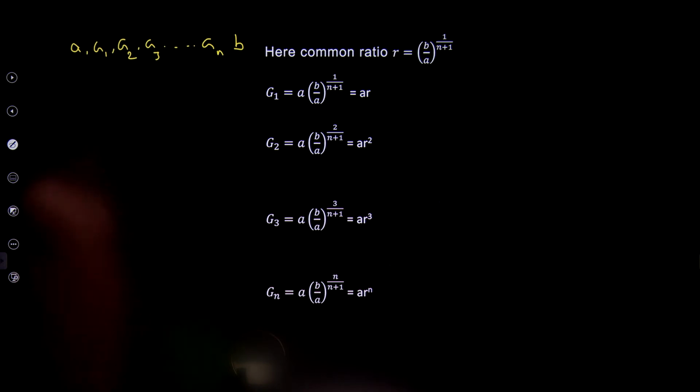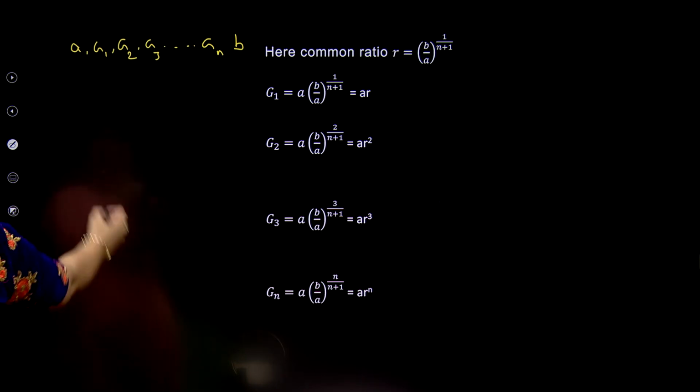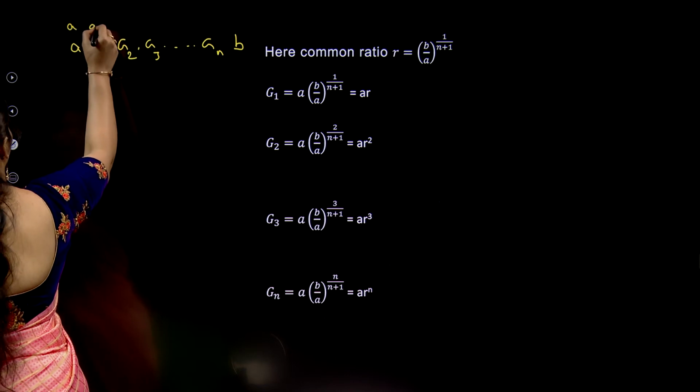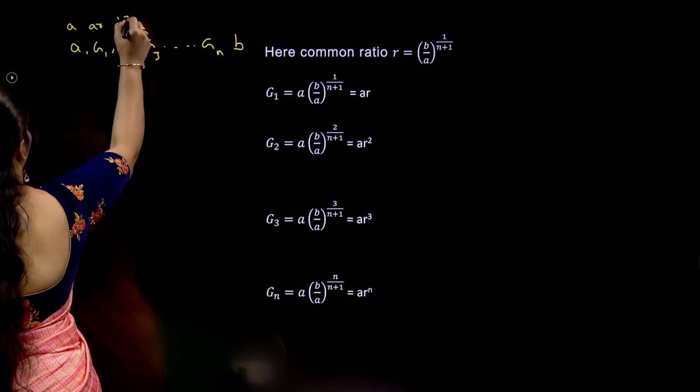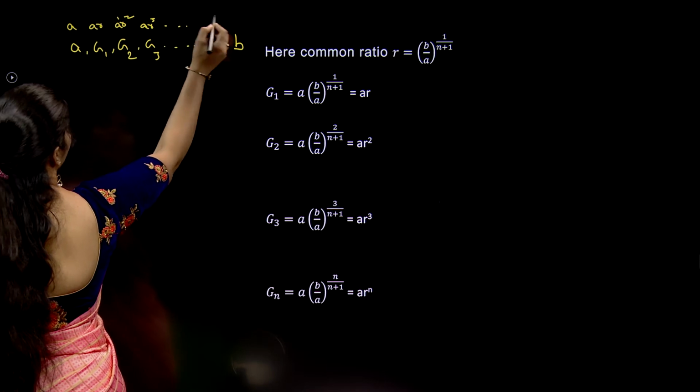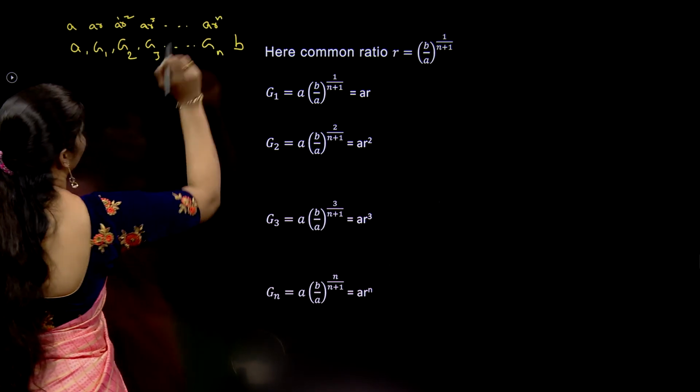The first term G1 is AR, this is AR square, AR cube and so on. This is AR power n.